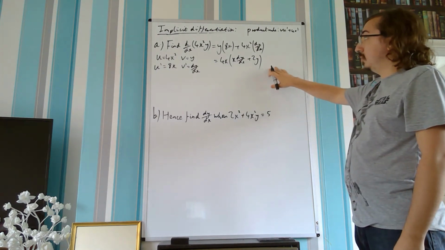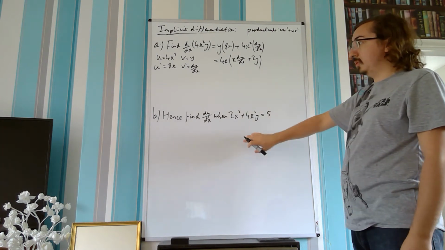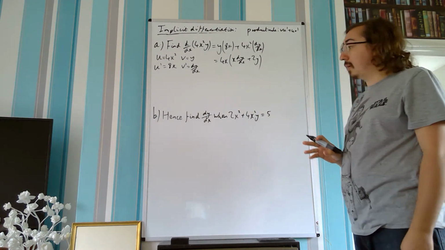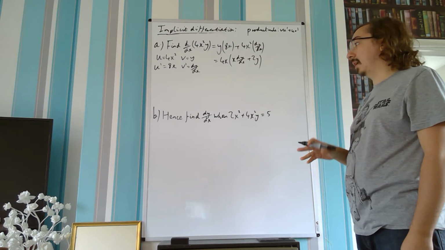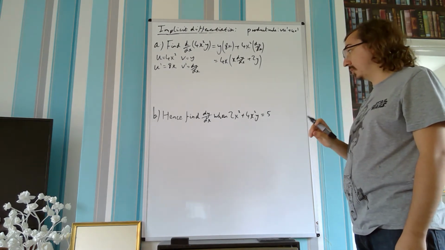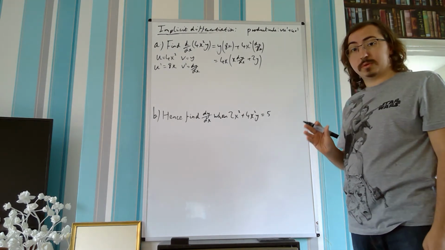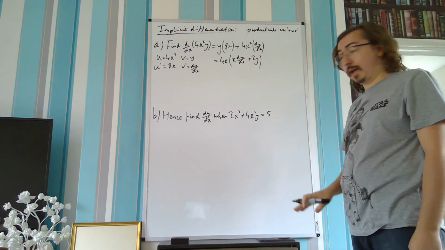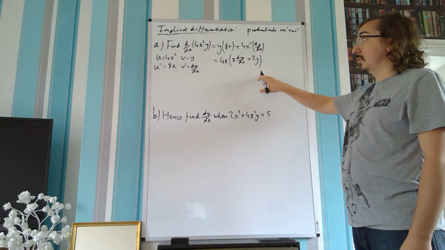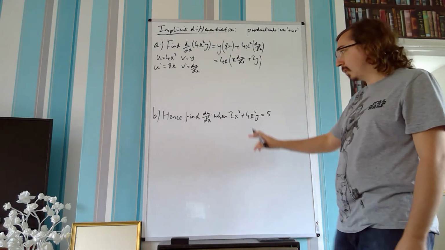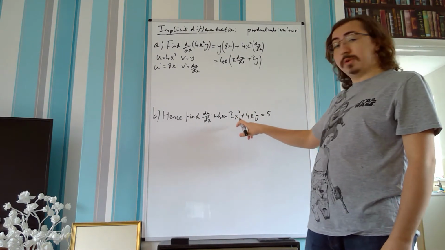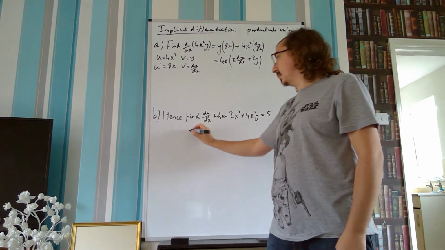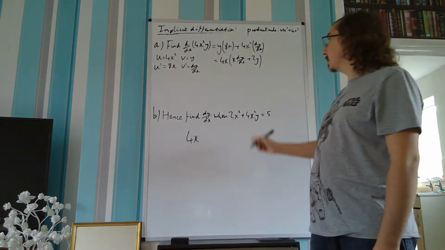Now we're going to use that solution to help us with part B, because part B says hence find dy by dx when 2x squared plus 4x squared y is equal to 5. So we're going to go through, differentiate each part with respect to x, and obviously use the solution from part A to help us. So for 2x squared, we differentiate that with respect to x, you get 4x.